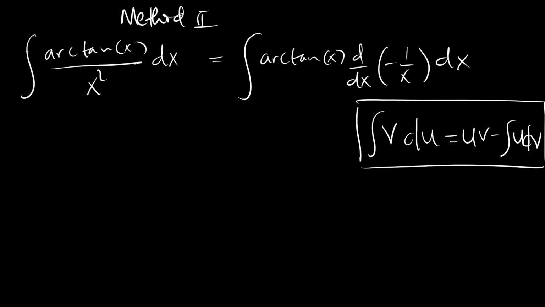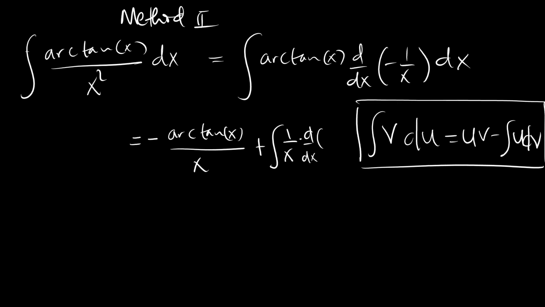With that in mind, we see that our problem becomes negative arctangent of x over x plus 1 over x times the derivative of arctangent of x. So what is that?